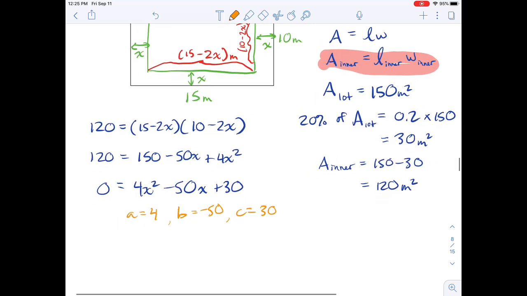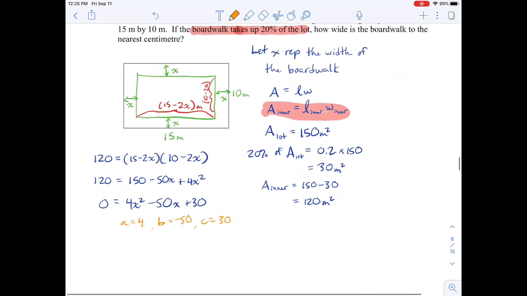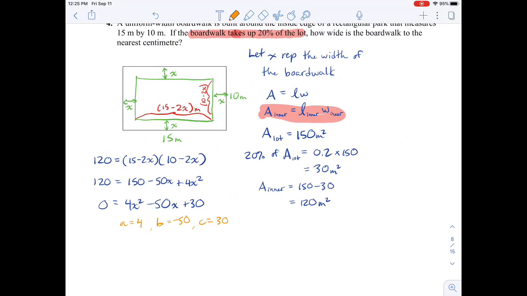And I now leave it to you to once again put those values into the quadratic formula and see what you get. And so in this case, because the question is just asking to the nearest centimeter, and all these values are in meters, what you're actually going to find first is a value in meters. But then if you round it off to just 2 decimal places in meters, you can convert that into centimeters.